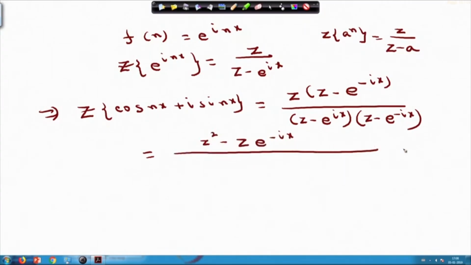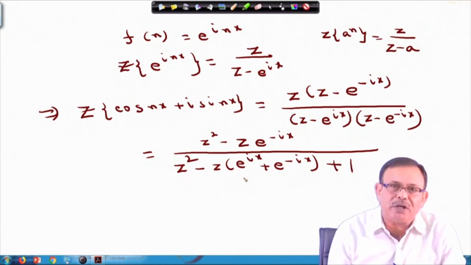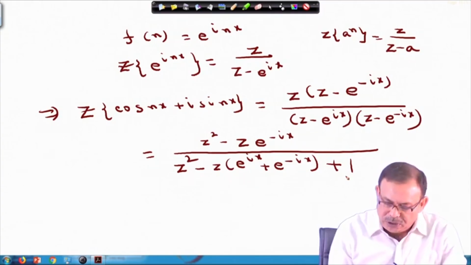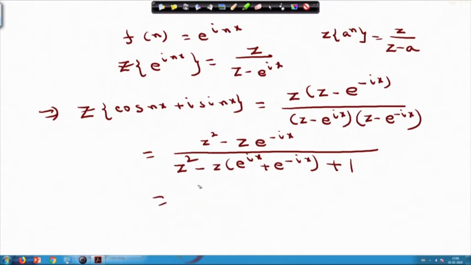In the denominator, if you do it, simply it will be z square minus z into e power i x plus e power minus i x plus 1. If I multiply and use simplification, I will obtain z square minus z into this quantity. So that this equals again z square minus z into e power minus i x.